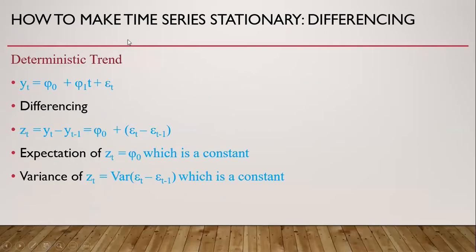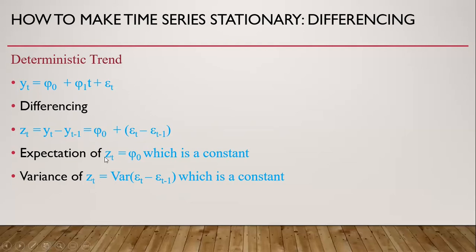So now let us see what is the logic behind differencing. For a deterministic trend, if this is the representation of the deterministic trend model, if we difference two adjacent values, that is z sub t is equal to y sub t minus y sub t minus 1, then this will cancel out and it becomes this.